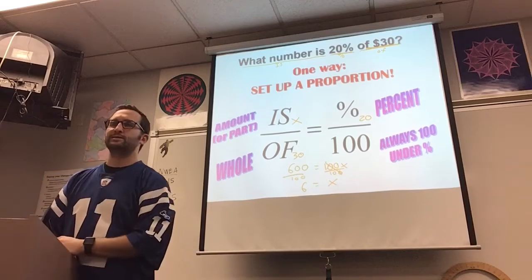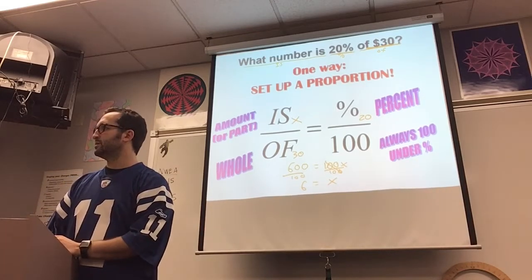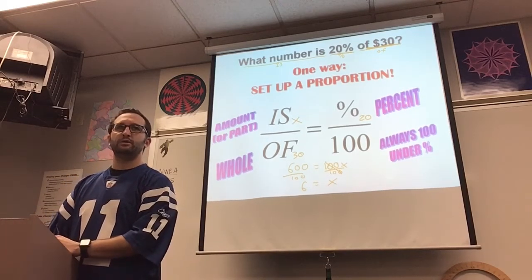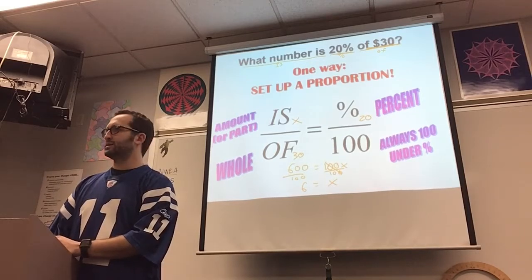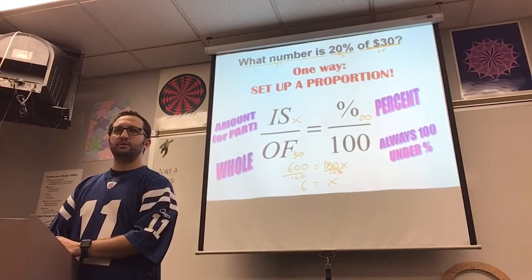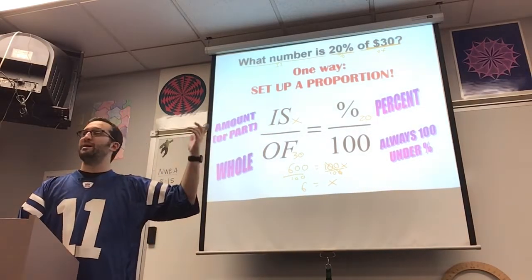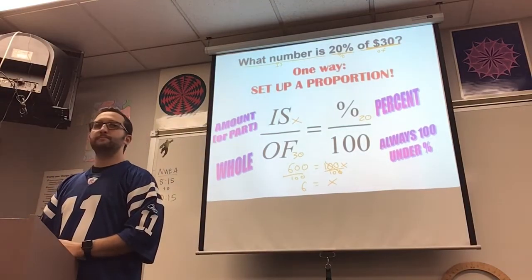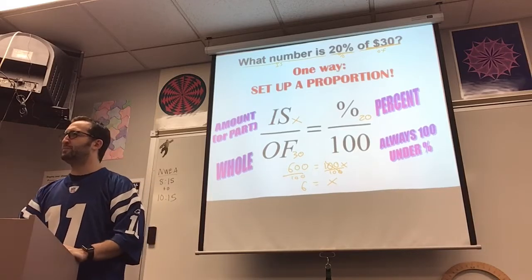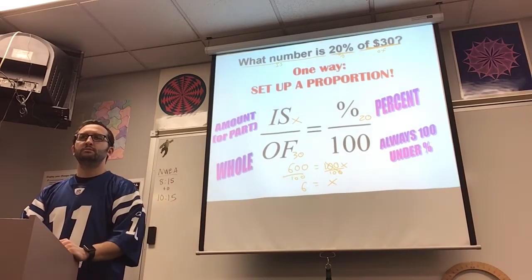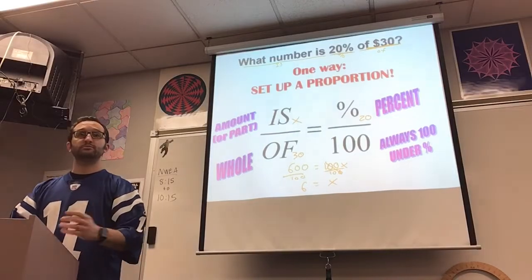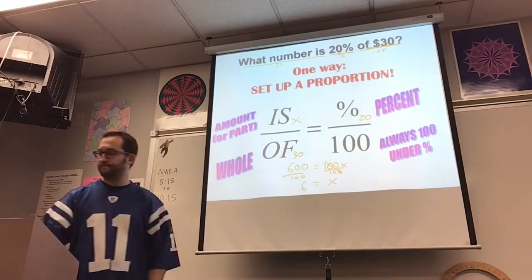And some of you guys are like, why can't I just multiply 20% times 30? What's 20% as a decimal? 0.2. Why can't I just multiply 0.2 times 30? You can. I'm just showing you a method. For this problem, multiplying 0.2 times 30 probably makes sense. But for a problem later, it won't. So I want to prepare you for that.